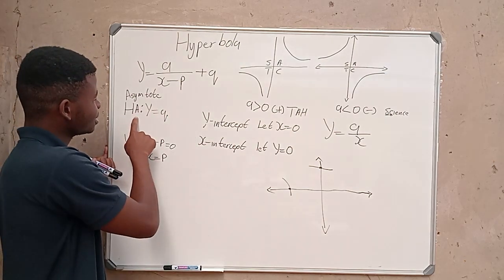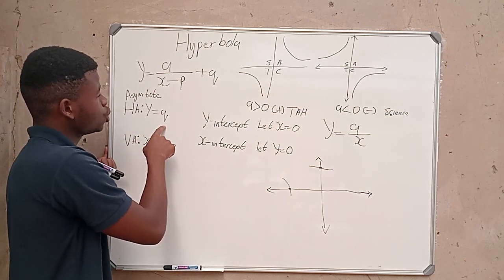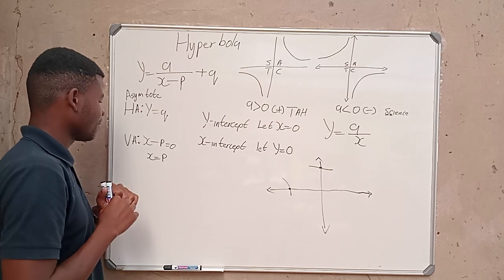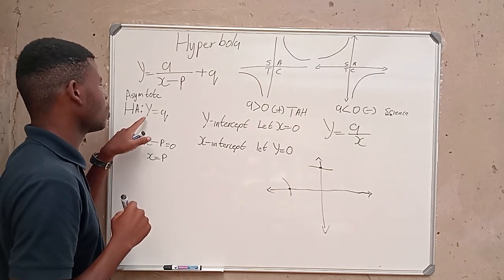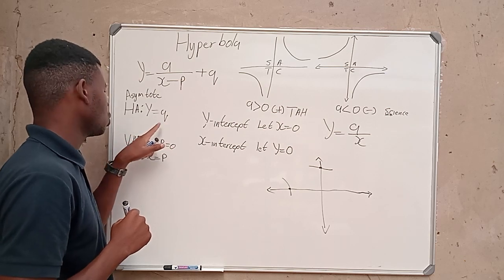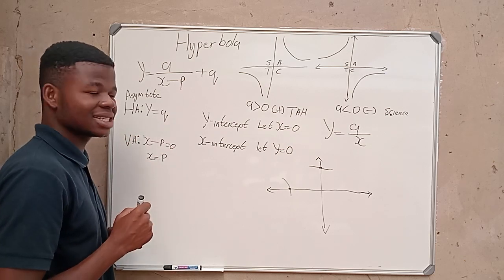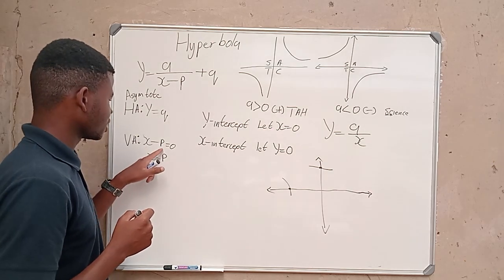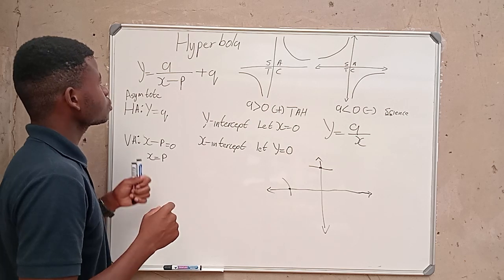The horizontal asymptote goes along with y is equal to q, and the vertical asymptote goes along with x minus p is equal to 0.